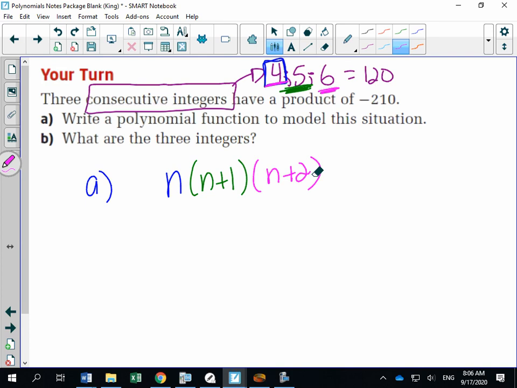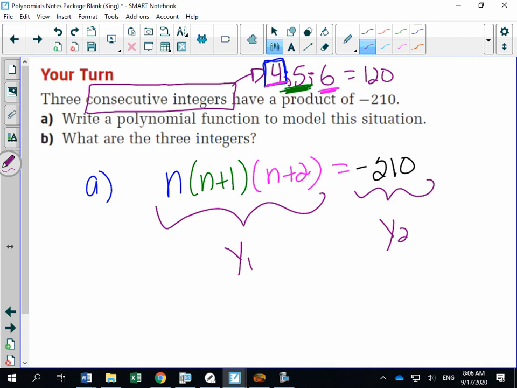And then they want these 3 consecutive integers to be multiplied to negative 210. And then what we're going to do is graph this, because that's the most efficient way. Let's punch this in y1 and let's punch this in y2.